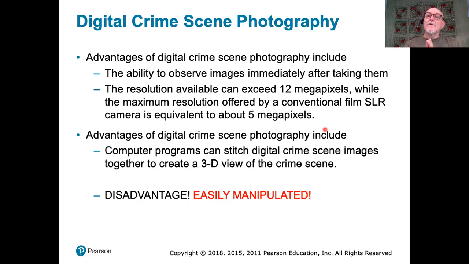The other thing, which is just extraordinary, is that resolution is so fantastic on digital cameras now. 12 megapixels, which is a standard now for digital cameras. That is the resolution. A conventional film only gives you about 5 megapixels. This means that you can blow up a picture enormously and still preserve the detail.